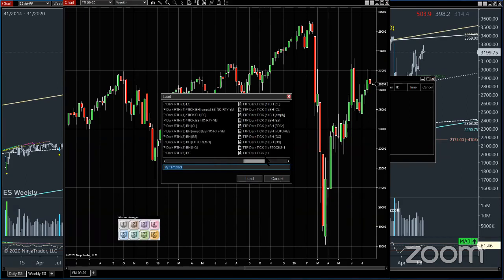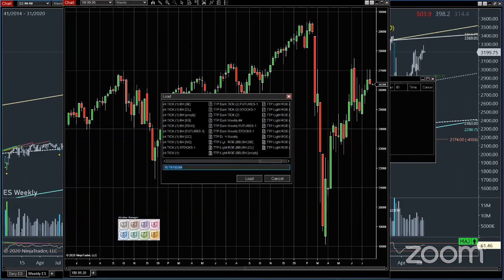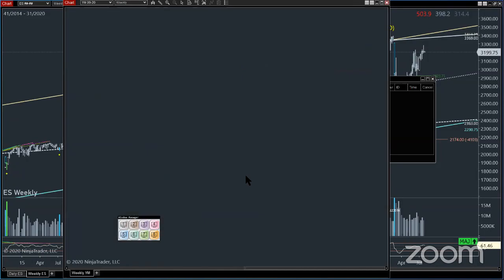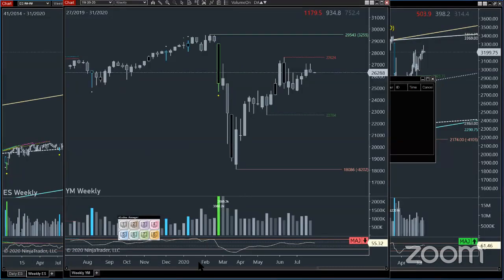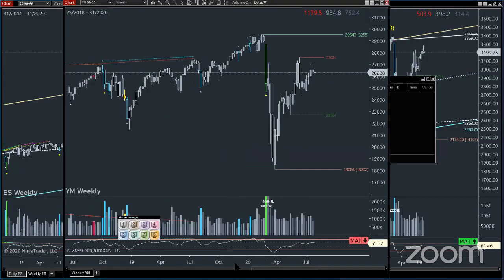Put the weekly on here. Still have some room left in the YM, quite a bit more than you have in the ES, but I'm pretty sure NASDAQ has already broken that or come close to anyway.